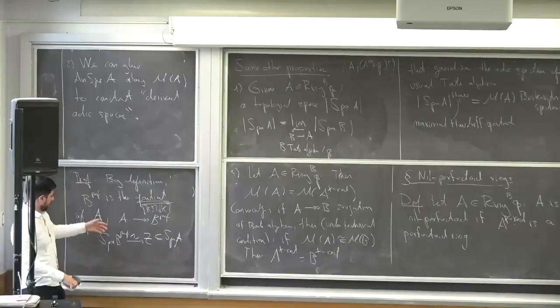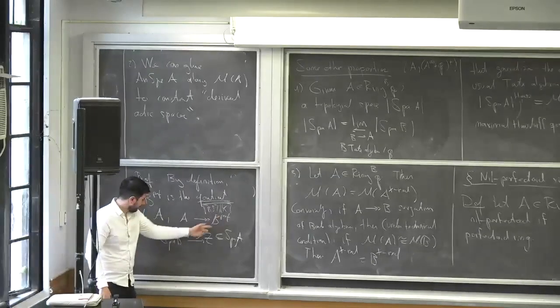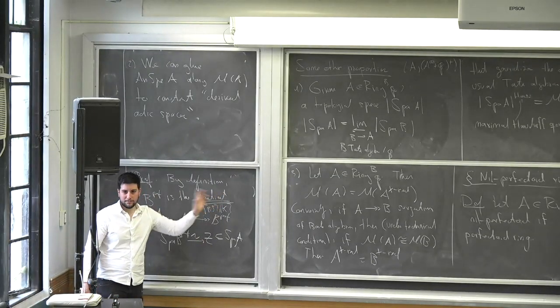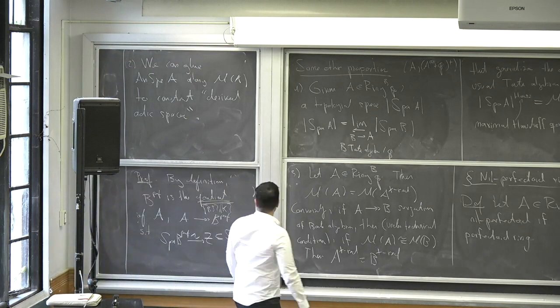So it's the maximal quotient of the perfectoid ring, making an isomorphism with the zero set of the ideal depicted there.